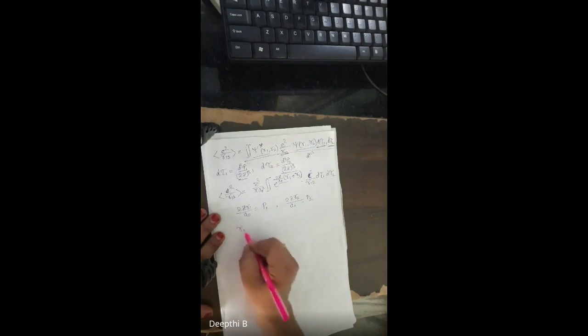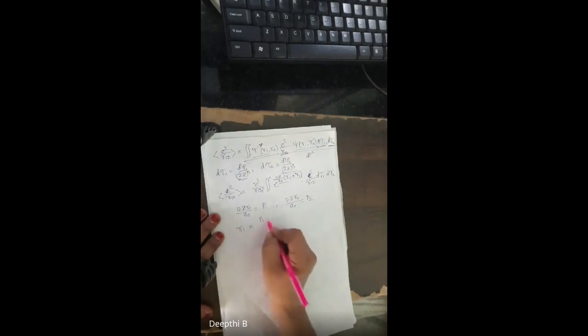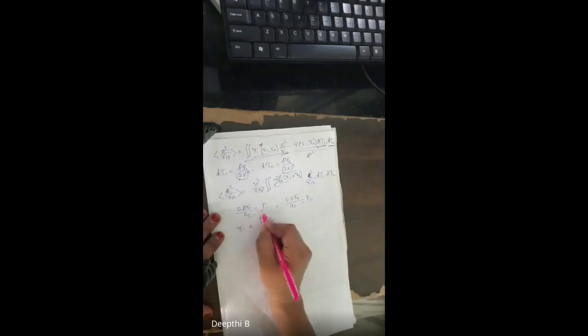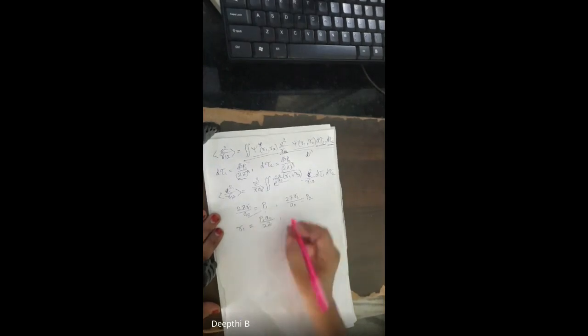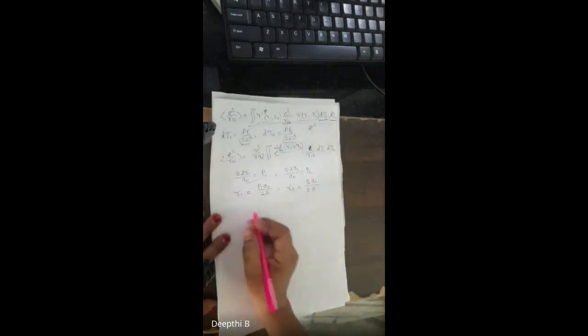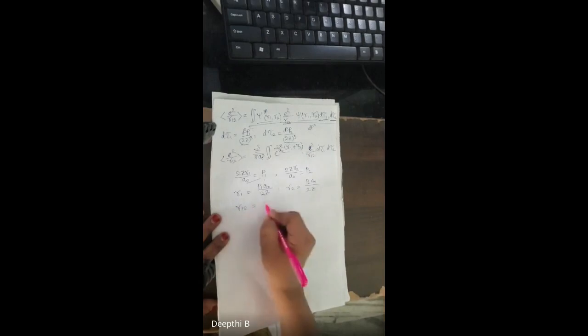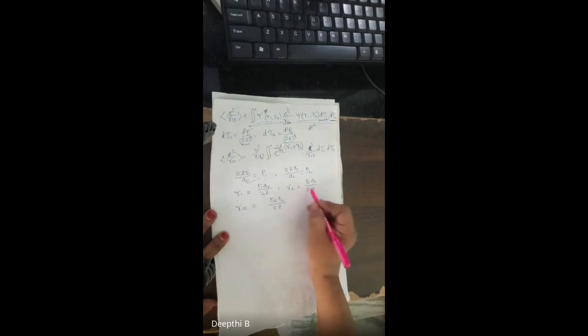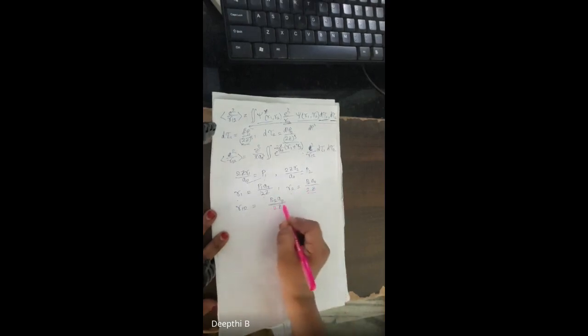So now r1 is equal to p1 a naught by 2Z, and r2 is equal to p2 a naught divided by 2Z. Now r12 is p12 a naught by 2Z.